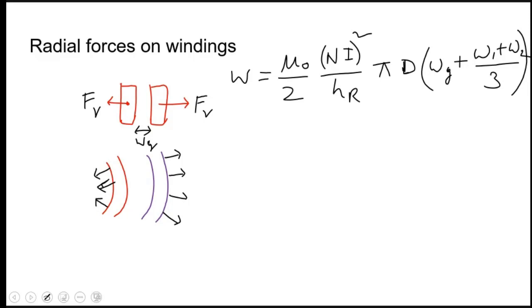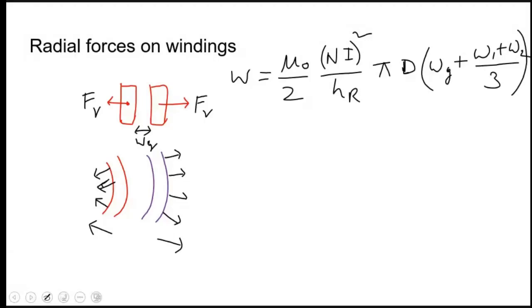Or you may imagine, for example, that the force Fr on the first winding is in this direction, which is compressing the winding, and on the other hand, they are trying to burst the outer winding. So the inner winding is compressed and the outer winding is burst out.